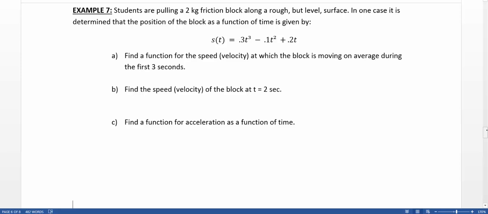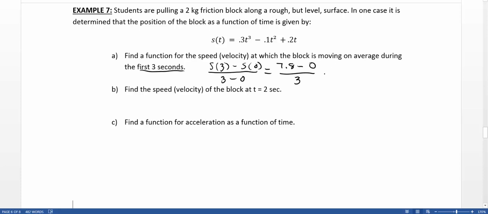When we talk about a block moving on average, that means we're looking for the average rate of change, and for the first 3 seconds means we're looking between 0 and 3. So we're going to do S of 3 minus S of 0 divided by 3 minus 0. If we plug 3 into the above function, we get 7.8 minus, and if we plug in 0, we get 0, all divided by 3.